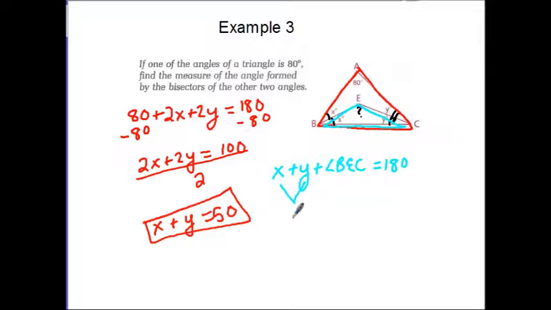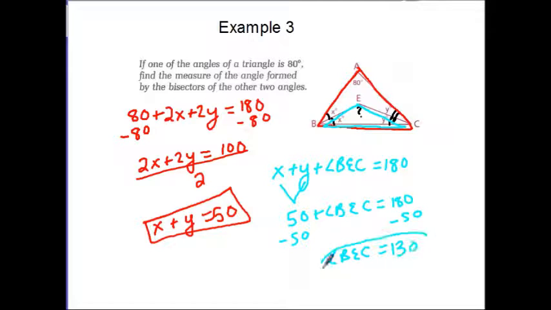Although we don't know what either one of them is, we know their sum is 50, which means we can solve for the measure of angle BEC without knowing x or y. Let's subtract 50 from both sides, and the measure of angle BEC is 130. So on the surface, it could look like we don't have a clear-cut answer, but in actuality, we're not just substituting in for x or y, we can substitute in for a sum as well.